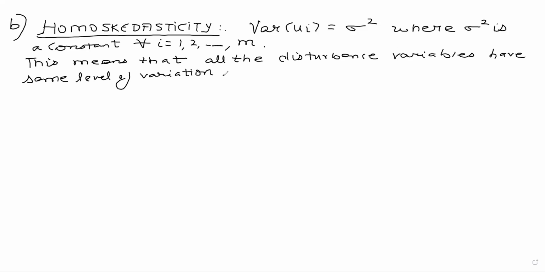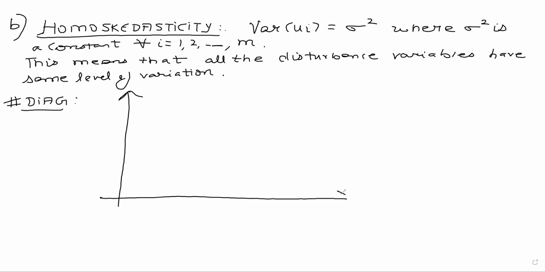So guys, homoscedasticity means what? It means for every fixed value of x, the disturbance term u will have the same variance. Now again, if you want to understand it diagrammatically, you can look at the diagram drawn on the screen. Again, we have the variable x, variable y.